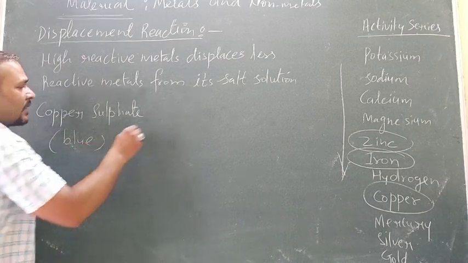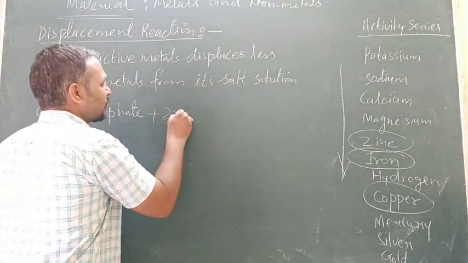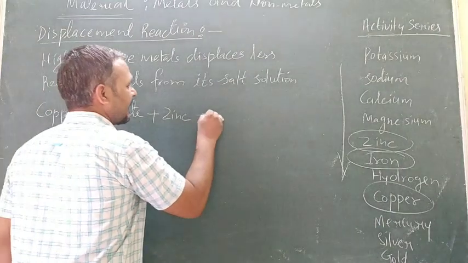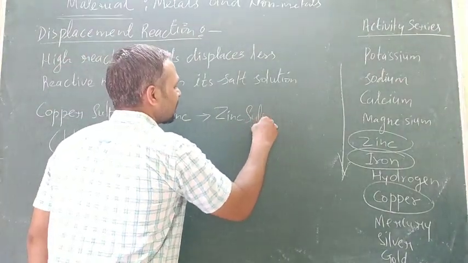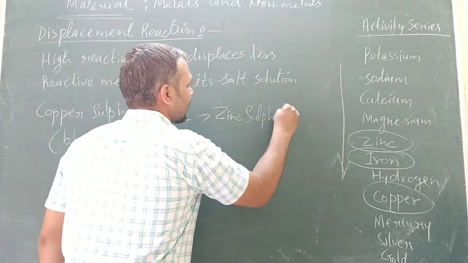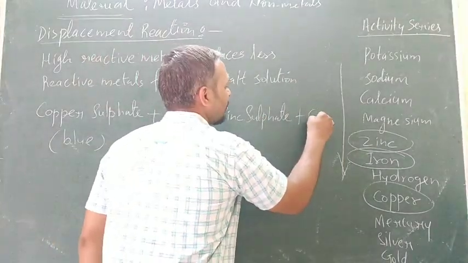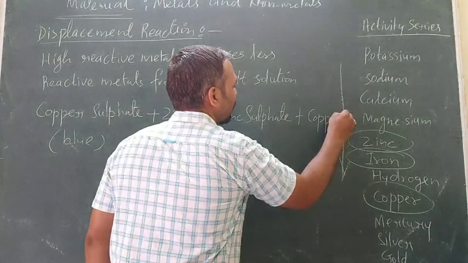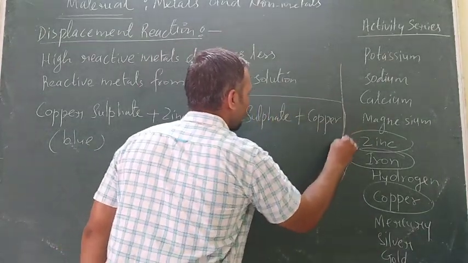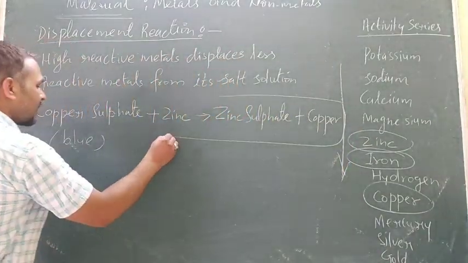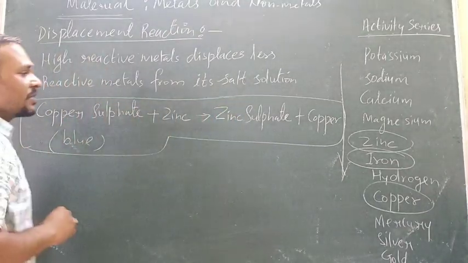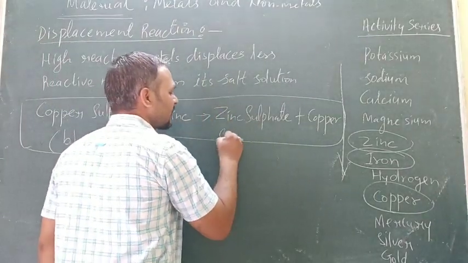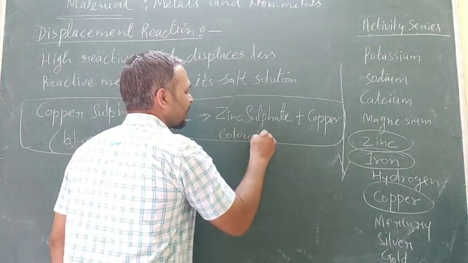When you add zinc into it, it will form zinc sulfate, plus copper will be free. This is the reaction, right? And what is the color of zinc sulfate? The color of zinc sulfate is colorless.